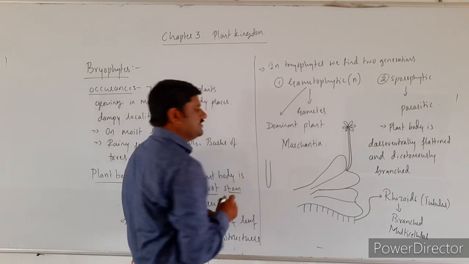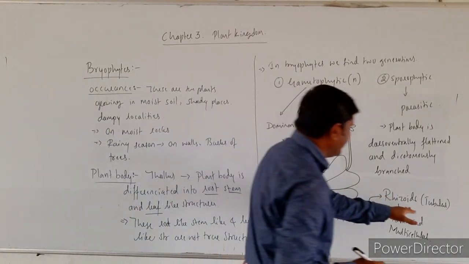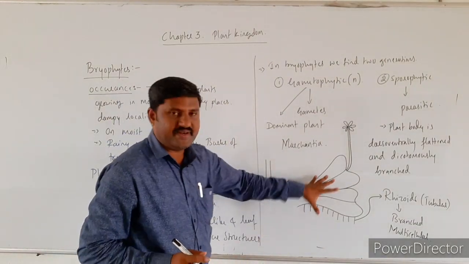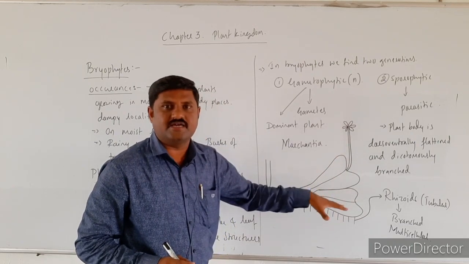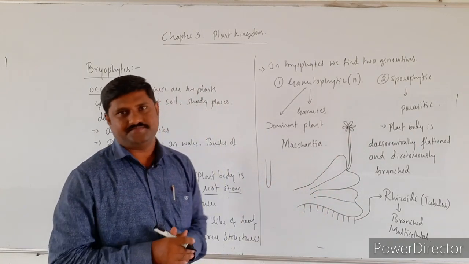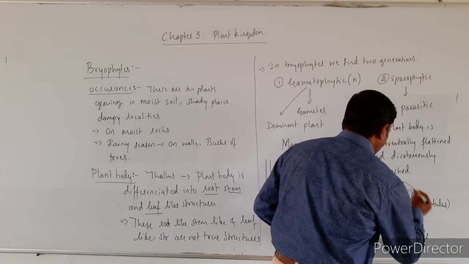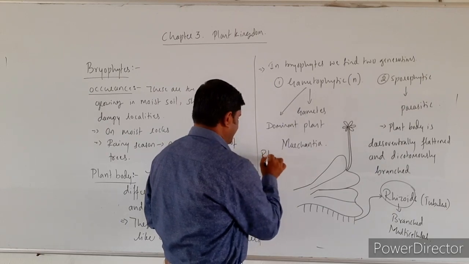See here, this kind of tubular structures these are, and these rhizoids help in anchorage, or the fixing of this plant body into the soil, right? Rhizoids have two major functions.